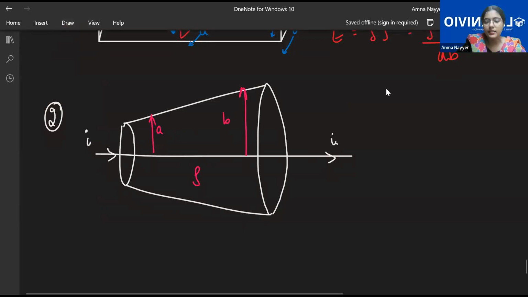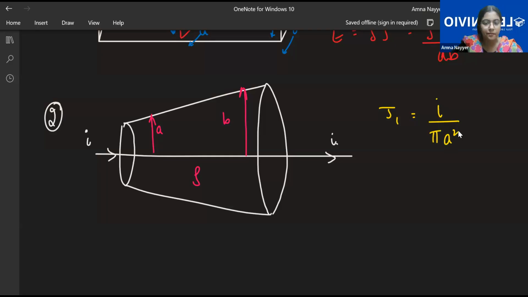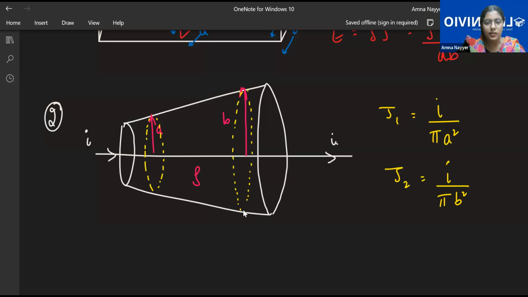So the current density for the first area will be current divided by pi A square, and for the second area it will be I by pi B square, as if this is a circle here.